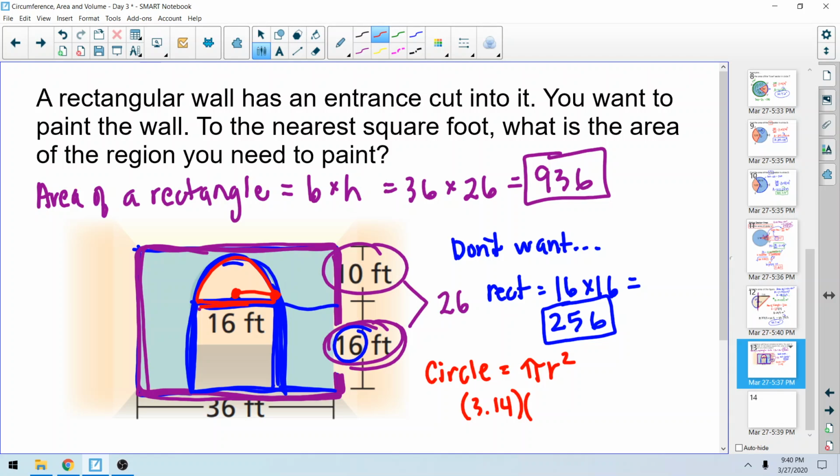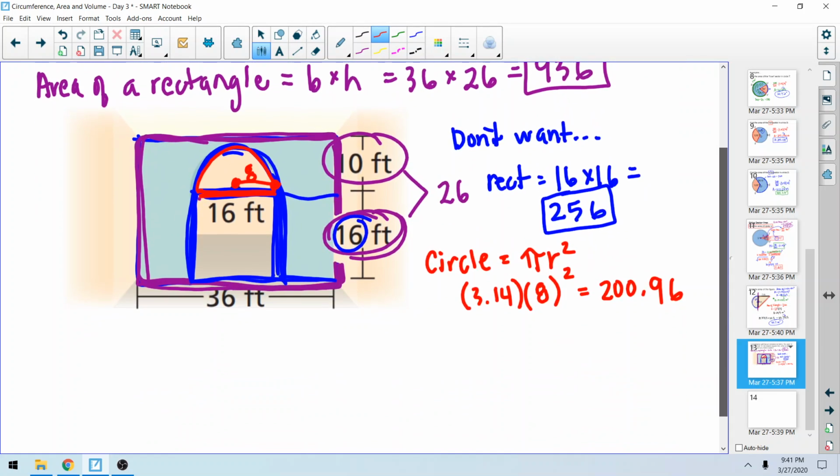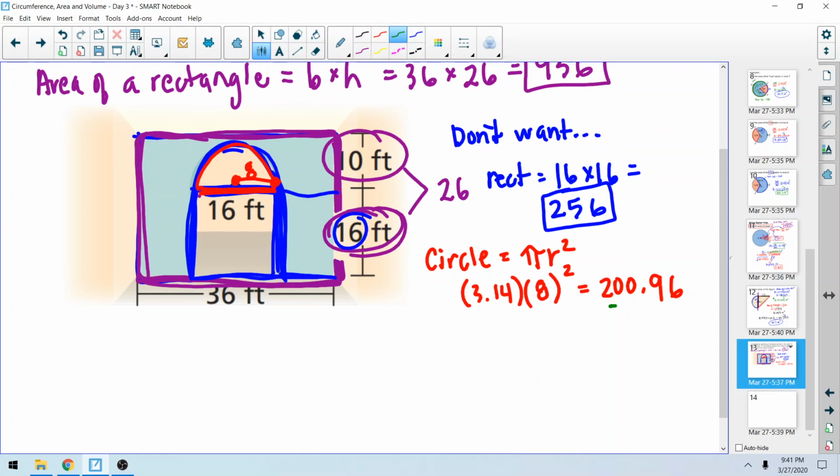If we know this whole bottom is 16, we're going to cut that in half, which is going to tell us the radius is 8. So 3.14 times 8 squared, and I'm getting 200.96. Now, that's the area of an entire circle. But if you look at that red part over there, is that the entire circle? And the answer is no, it's only half the circle. So we're going to cut that answer in half, and we're going to get 100.48, which is the half circle at the top.